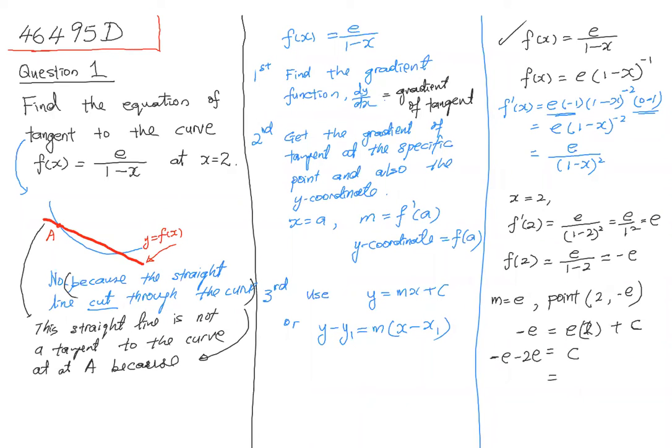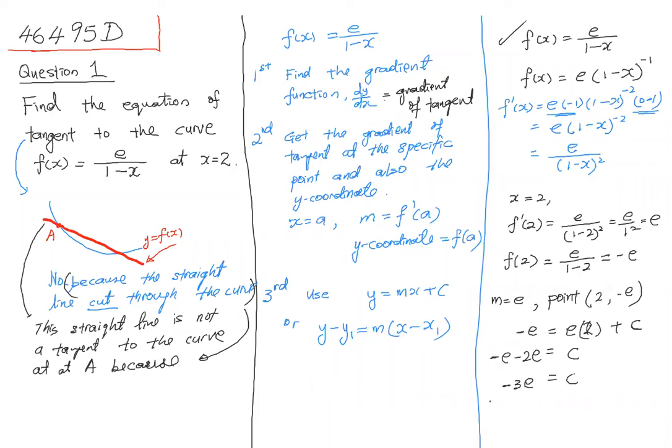Okay, where is Kevin? Kevin. Hello. Negative 3e equals to c. Yeah, you are right. You see, negative e minus 2e is negative 3e. Okay, good.